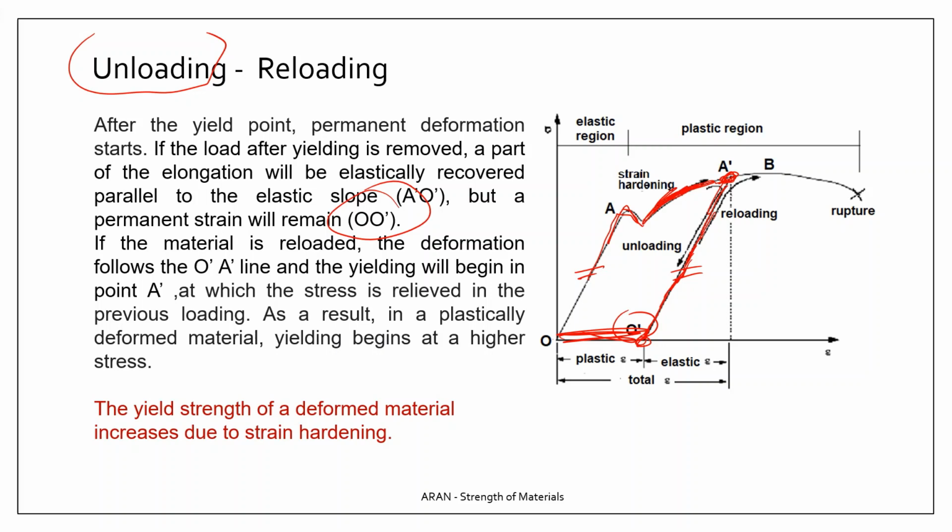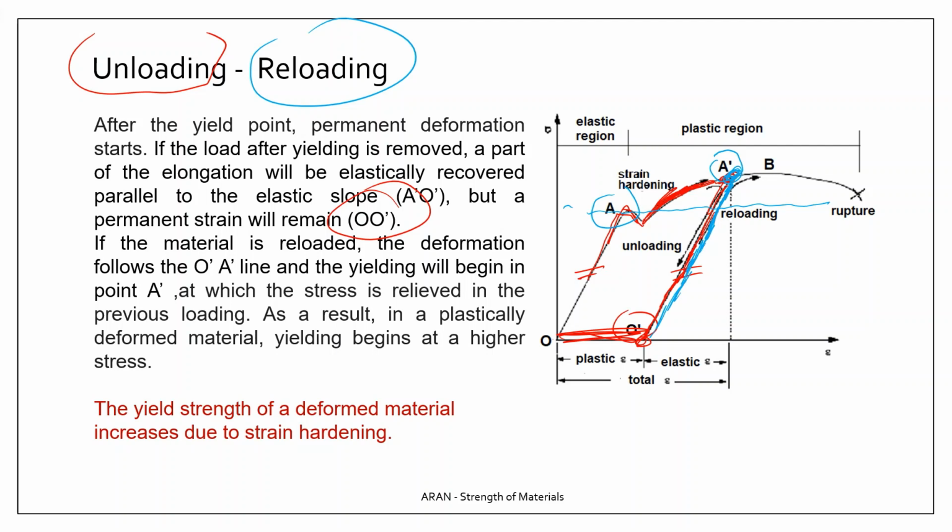When you begin reloading again, the deformation follows this line, again parallel to the elastic slope, and this time the yielding will not begin at the level A, it will begin in the point A prime at which the stress is relieved in the previous loading.